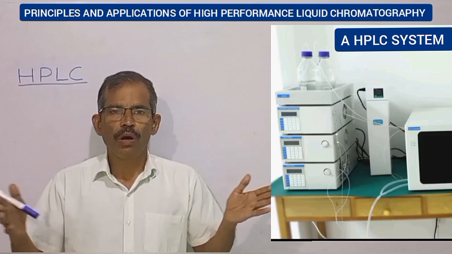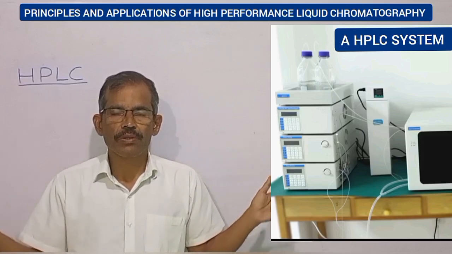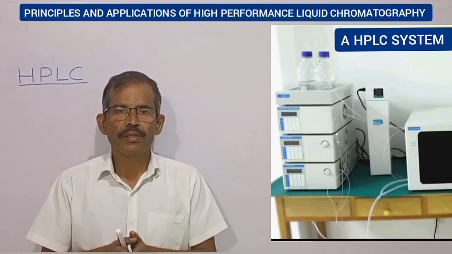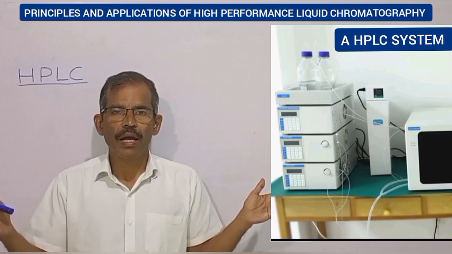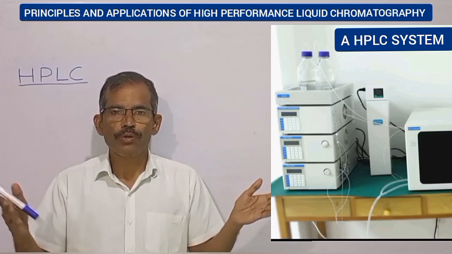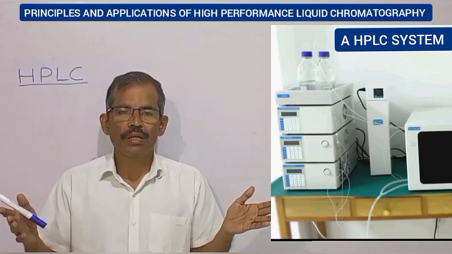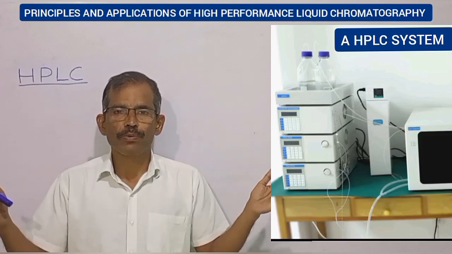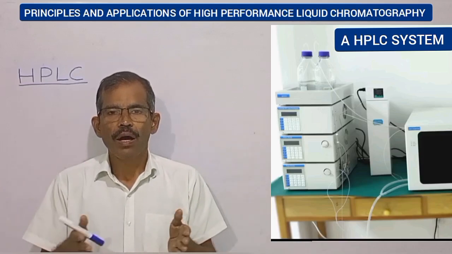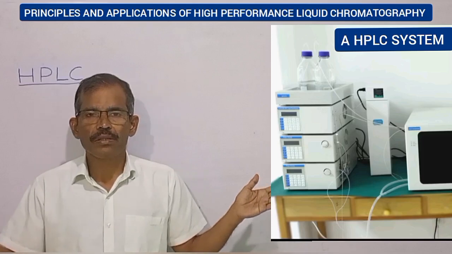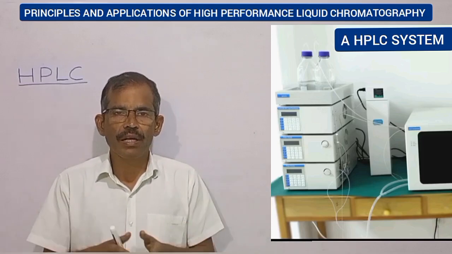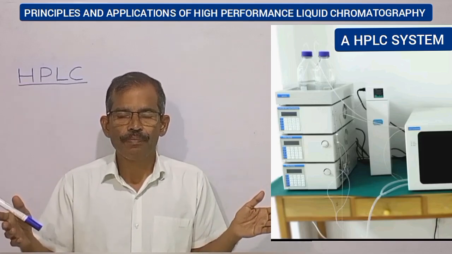There is no loss in efficiency because the support particles are very small and more or less uniform in size. The lateral diffusion is also less because of two factors. One is the smaller particle size and the other is the enormous pressure.